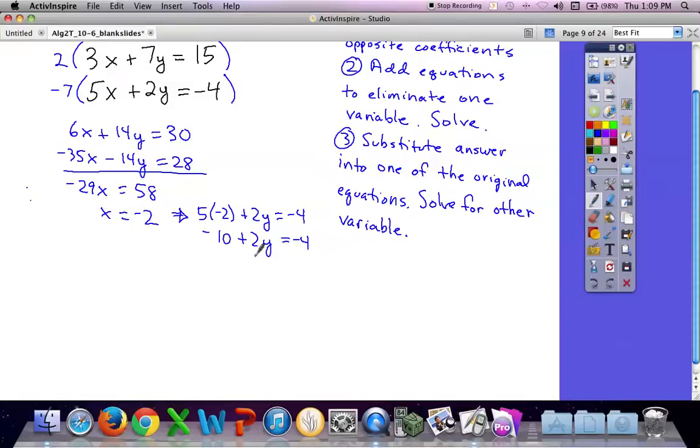Add 10 to both sides. 2y equals 6. Divide by 2, y equals 3. All right, so here we go. The solution is (-2, 3).